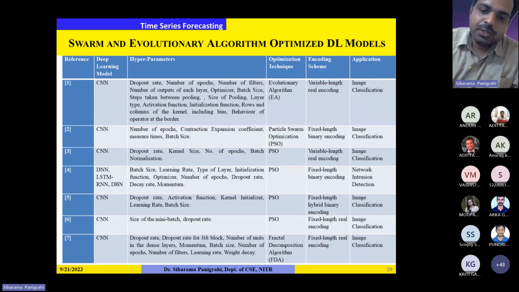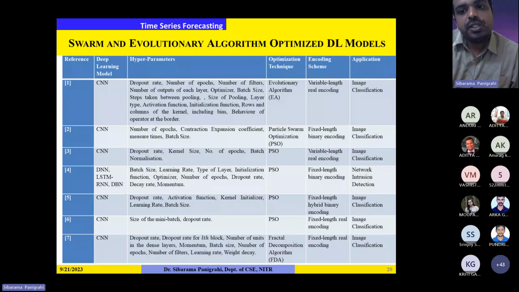And they have used evolutionary algorithm, particle swarm optimization, fractal decomposition algorithm, differential evolution algorithm. And you see here the key thing is how you will encode the deep learning hyperparameters into the chromosomes or into the decision vectors or into the position vectors. So it depends on the type of swarm and evolutionary algorithm you are using. But the important thing is how you are encoding.